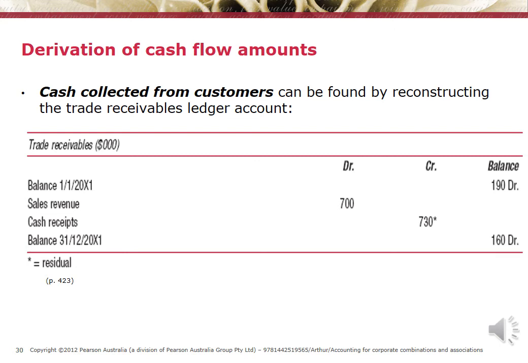Next, we can add in the sales revenue, which was stated on slide 22 as 700,000, and therefore the opening balance plus the sales revenue, which is a debit because sales revenue increases the trade receivables balance, less the closing balance. The difference between the two is 730,000. So that is the cash receipts from customers, and that's the amount that appears on slide 27 as receipts from customers there.